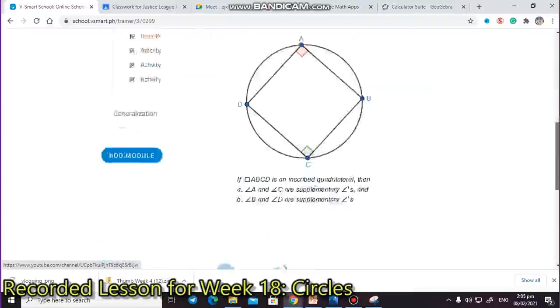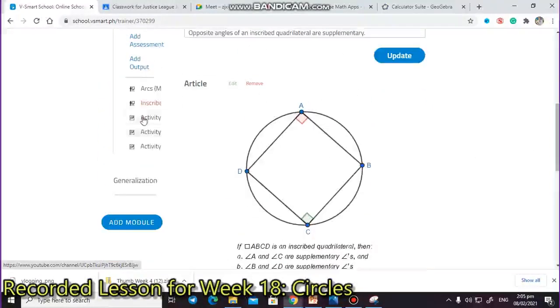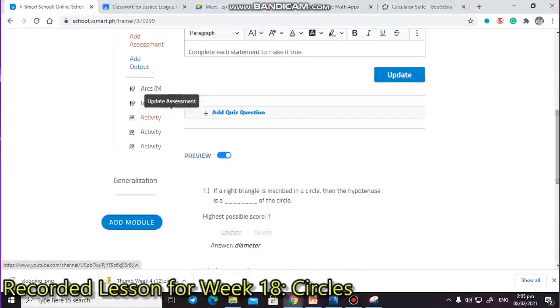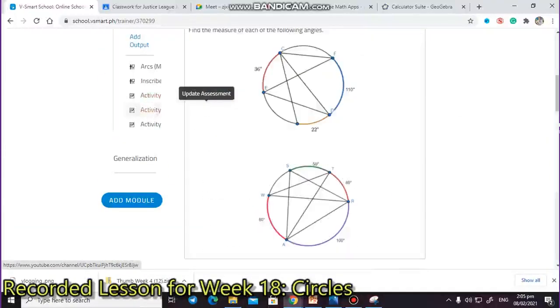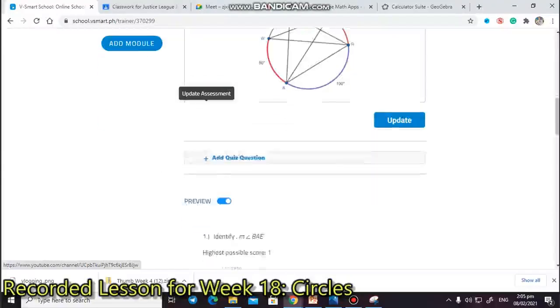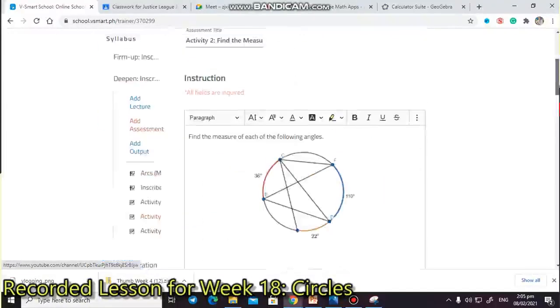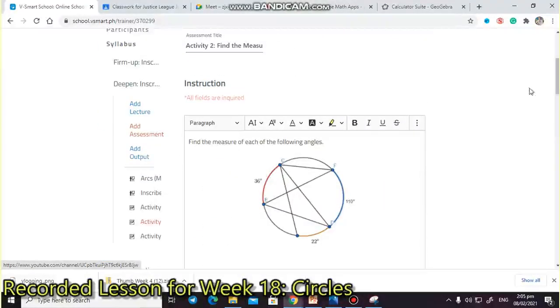And we also have more examples for that. And then, you also have an activity here. Ayan, nakita nyo na yung sagot. Ayan, meron din kayong activity dito. Basta yun lang yung tatandaan, okay? The measure of an inscribed angle is half the measure of the central angle and the arc.